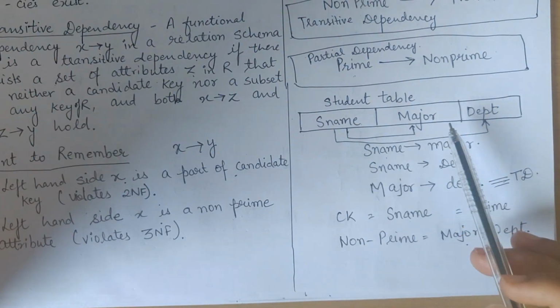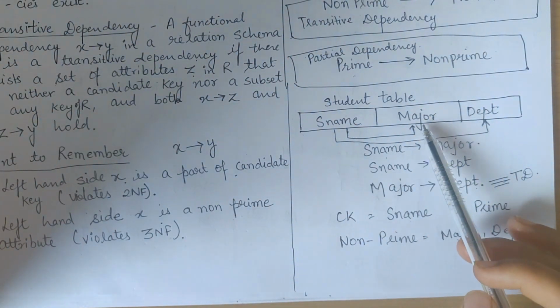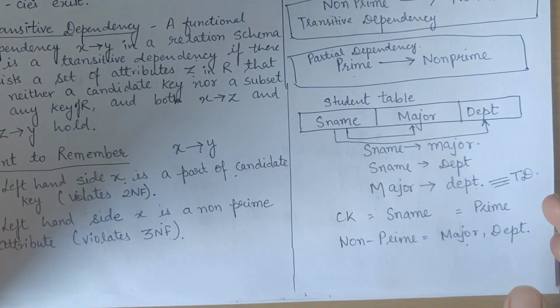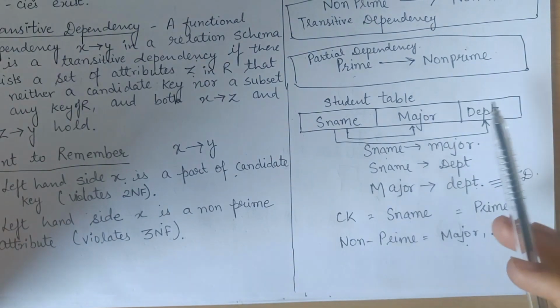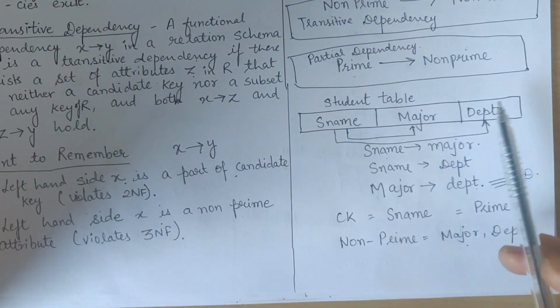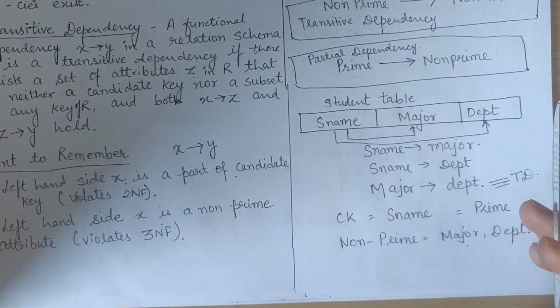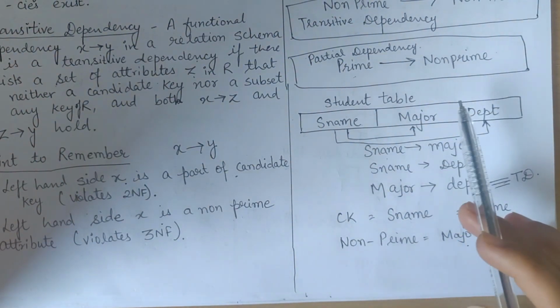Now, what is the problem? This major is dependent on S name. So, till the time I do not have any student who is enrolled for this major, I cannot introduce this major because there is a dependency here.